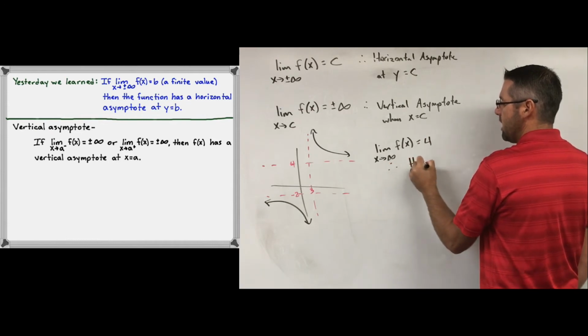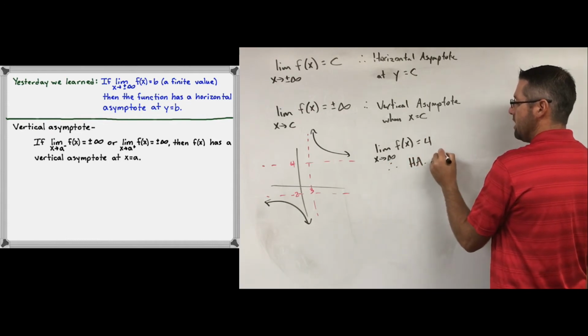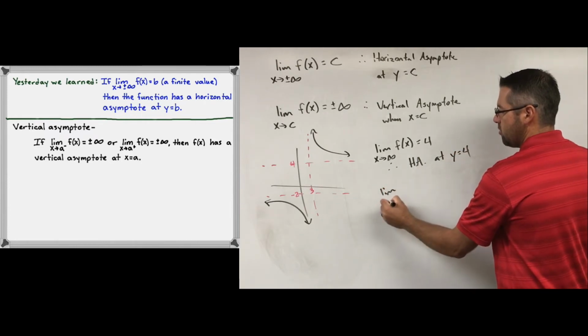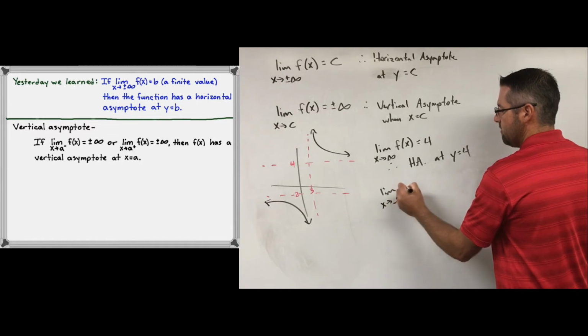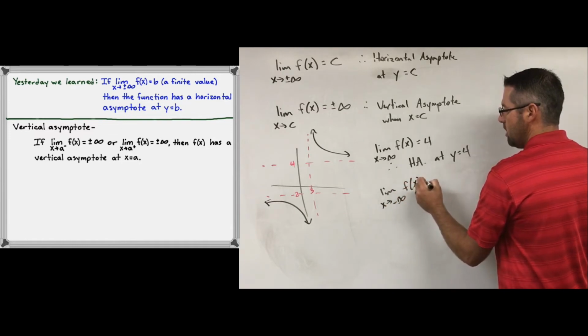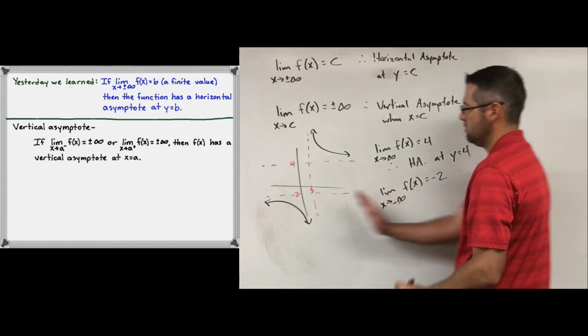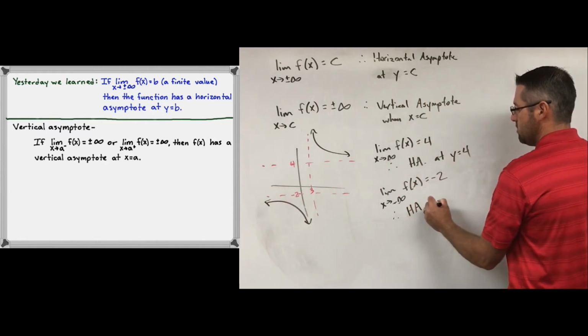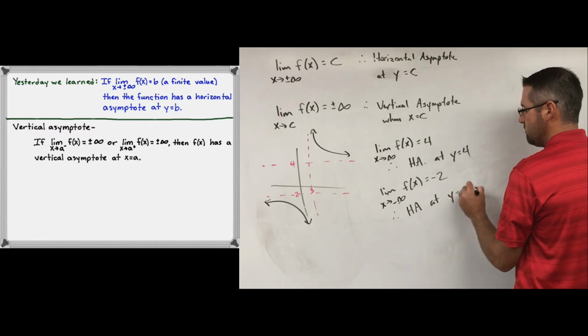Therefore, horizontal asymptote at y equals 4. The limit as x approaches negative infinity of f of x equals -2, out that way. Therefore, we also have a horizontal asymptote at y equals -2.